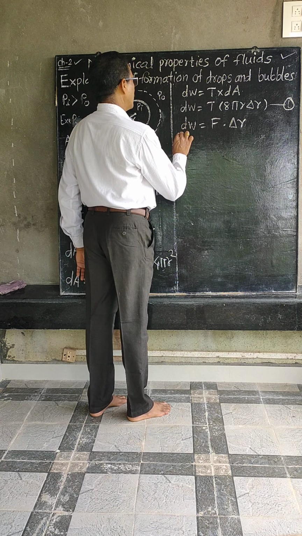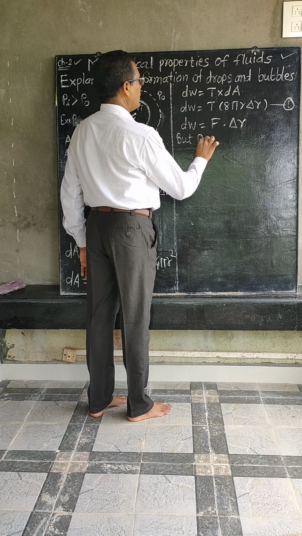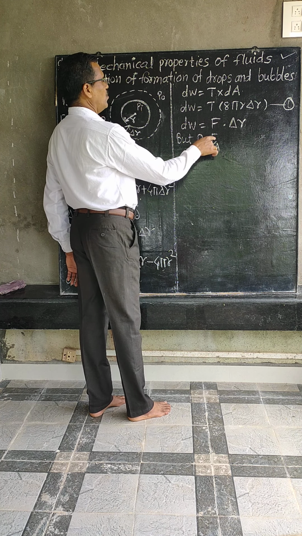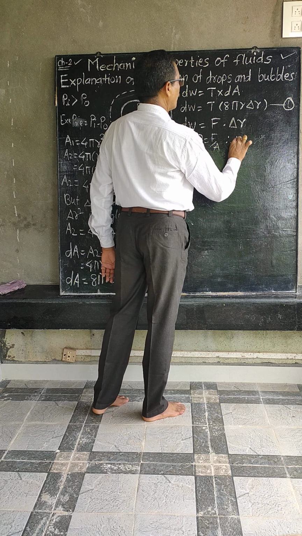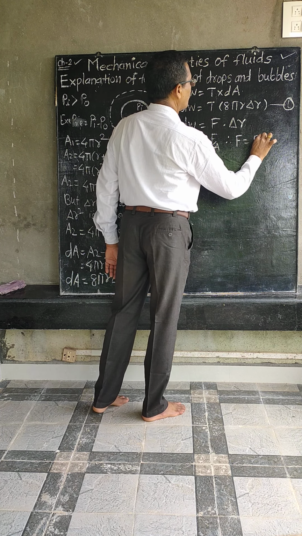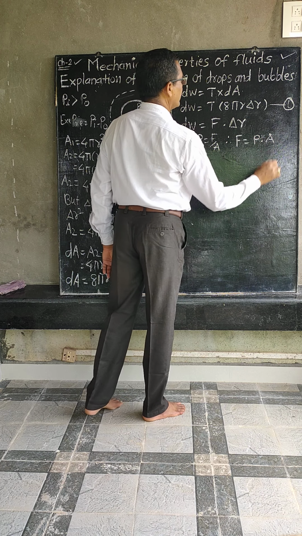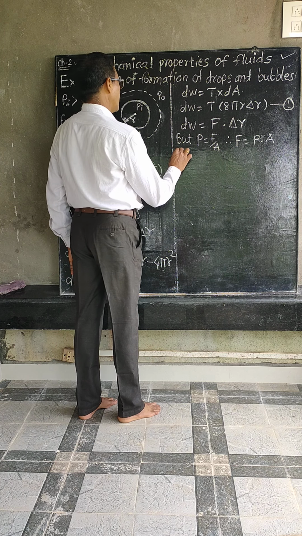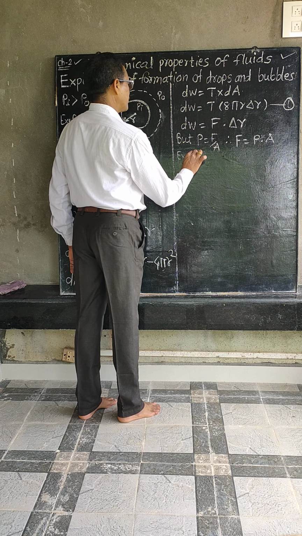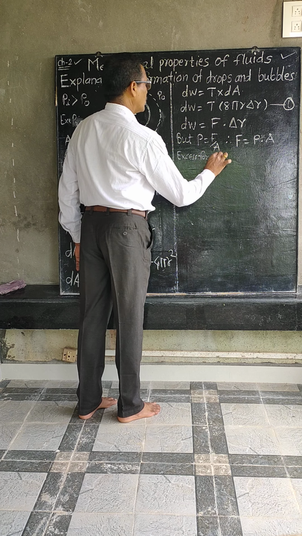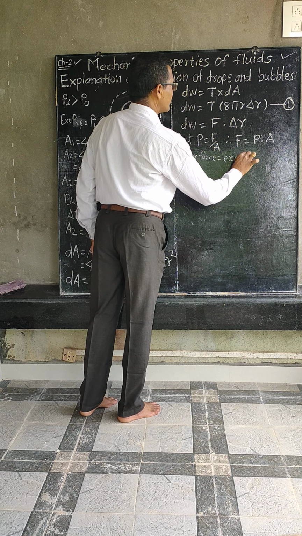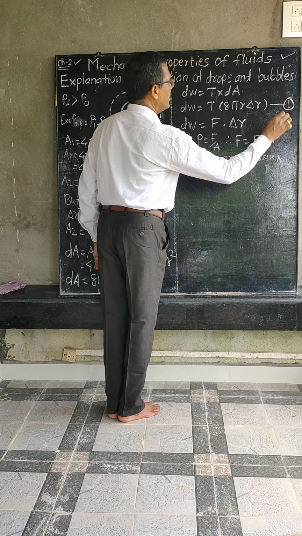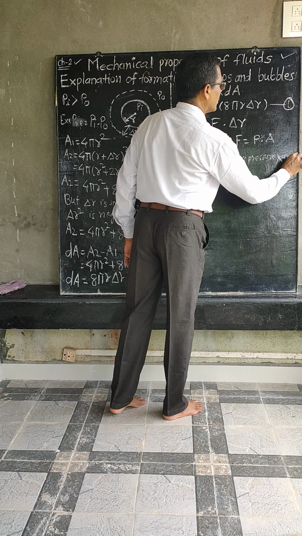But we know that pressure P is equal to F divided by A. Pressure is equal to force divided by area, and therefore force is equal to pressure into area. From this we can write the excess force is equal to excess pressure into area.